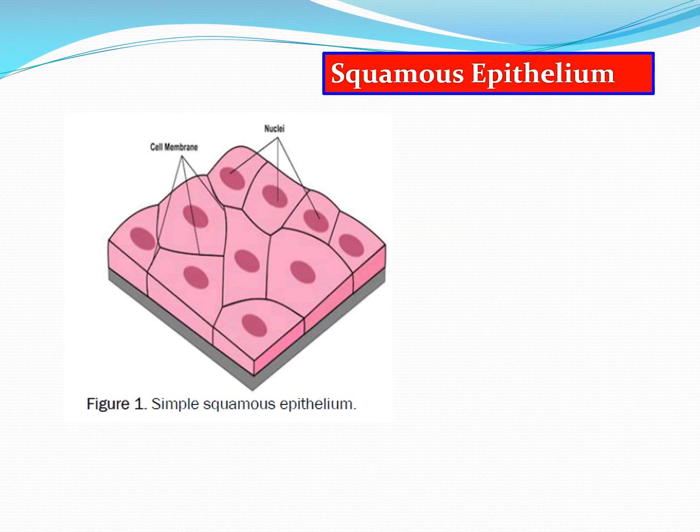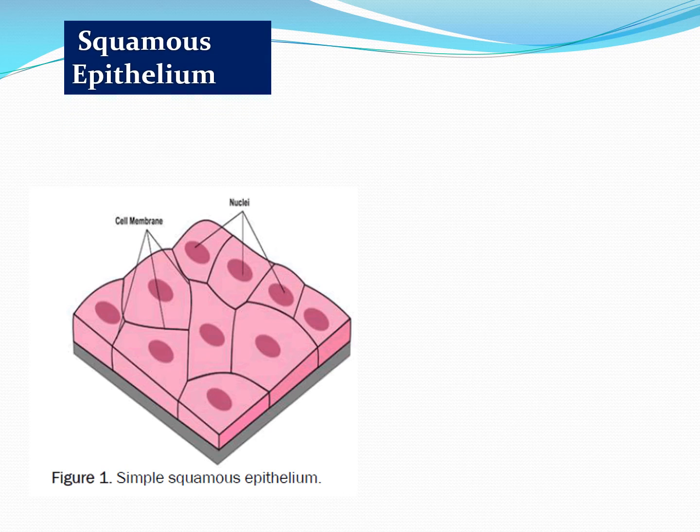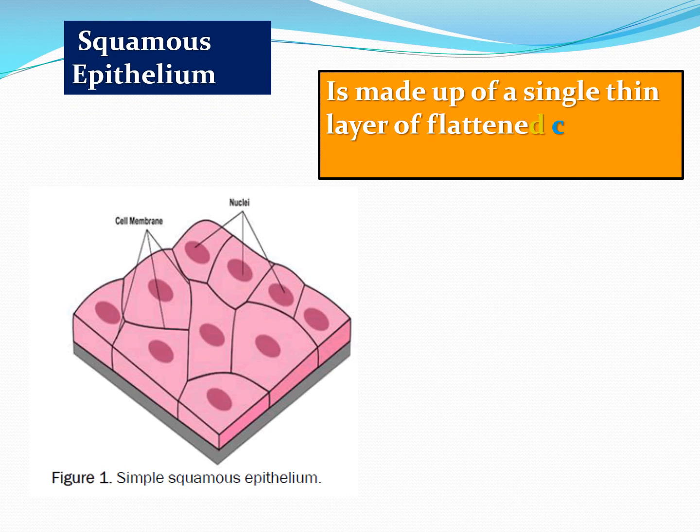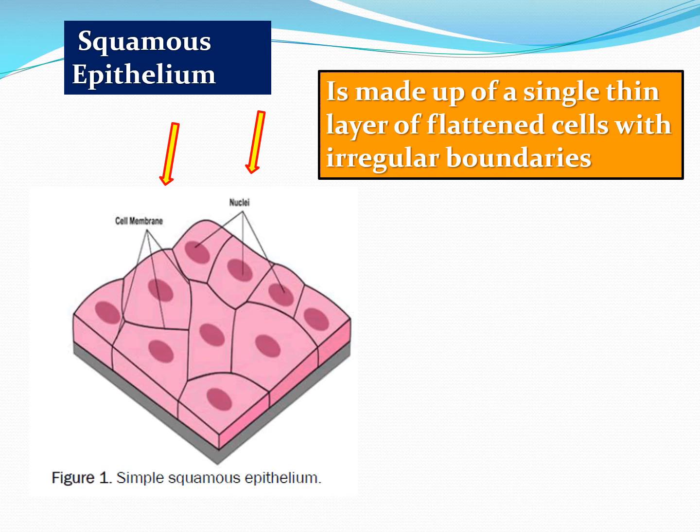So now let us study about squamous epithelial tissue. Squamous epithelium is made up of a single thin layer of flattened cells with irregular boundaries.